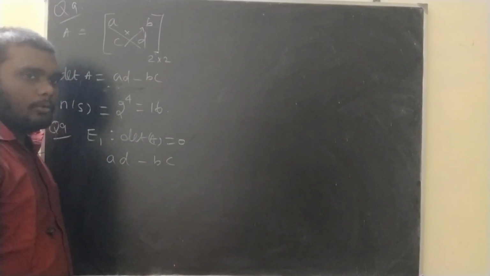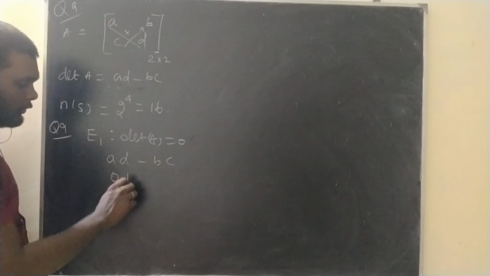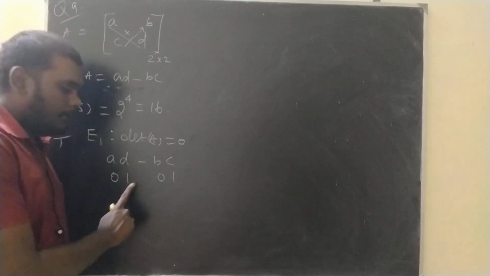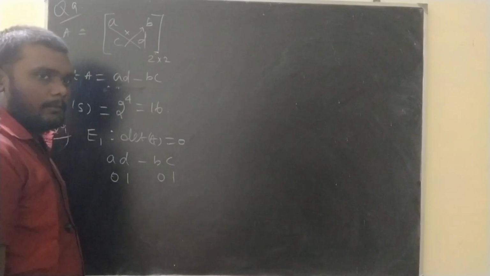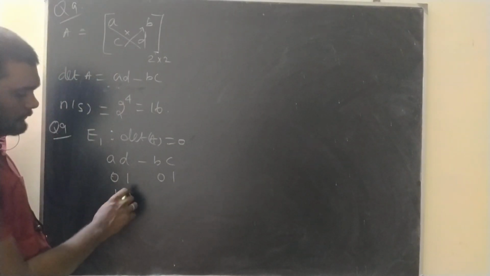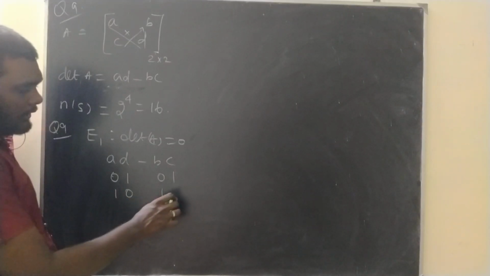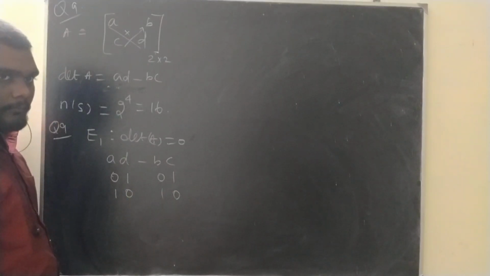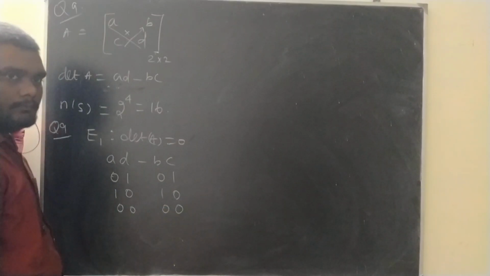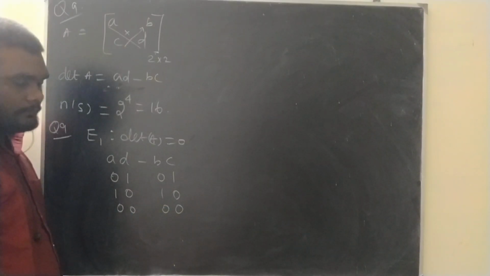Likewise, this has two alternatives, right? This is 0, 1, this is 0, 1. Then we may have 0 into 1 it is 0, minus 0 into 1 it is 0. Likewise, the other possibilities. Here 1, 0, here 1, 0. All the things become 0, that also is possible.